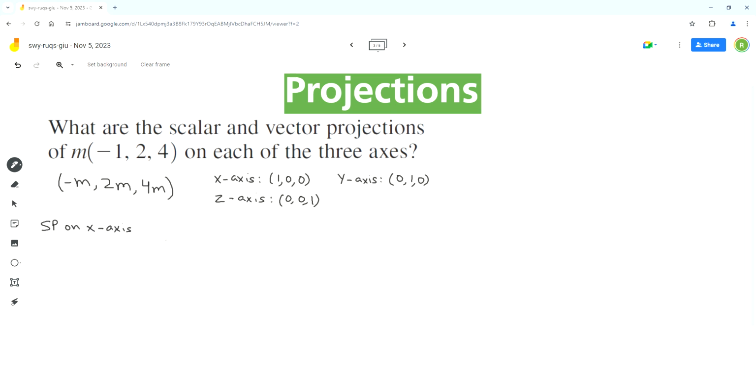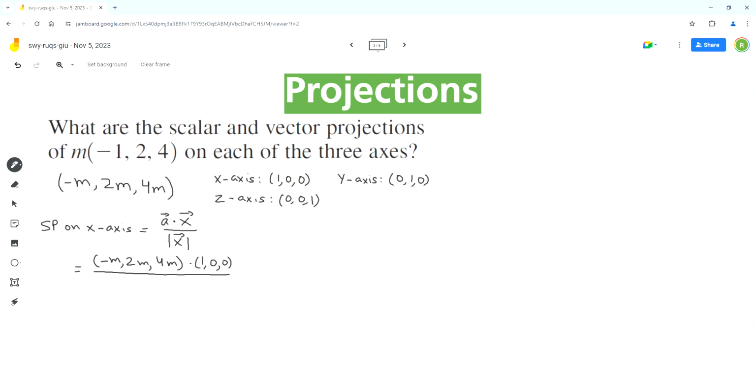So we can use the formula. A represents the given vector, x is the vector for x-axis. In the denominator, we can calculate the magnitude of vector x.